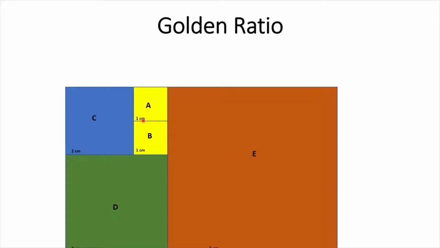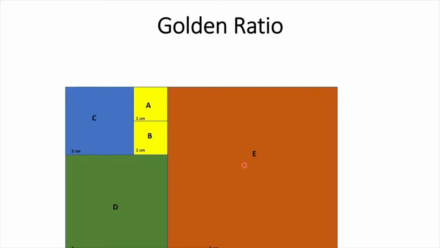Now, by using these two squares and combining the sides, we're creating a rectangle whose length is now 2 centimeters, and it consists of the previous two squares. We keep moving on. So now we have another square, which is our third square, and the side is 3 centimeters, 2 from this and 1 from the next one.